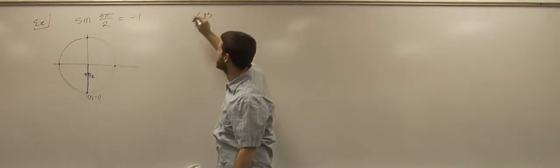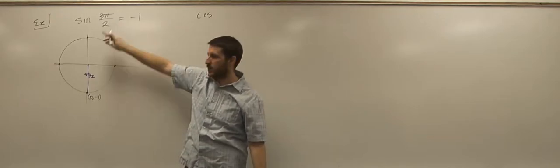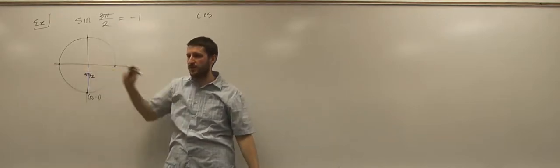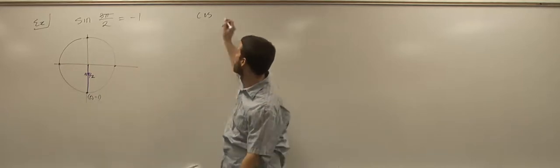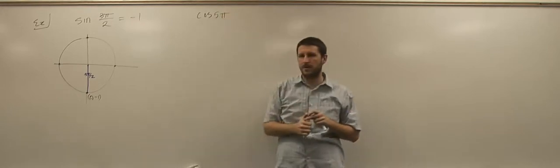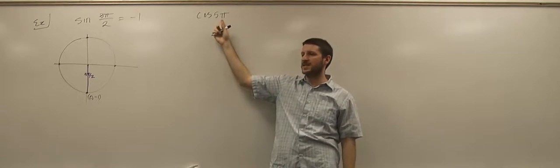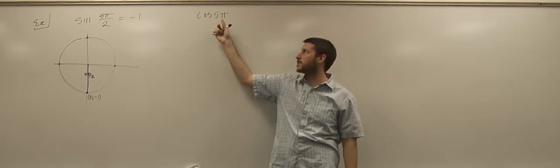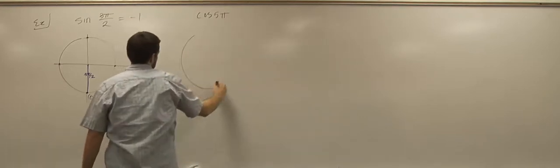When I give you an angle that either has a 2 in the denominator or has no denominator, it's going to land on one of these axes, and you can evaluate it really quickly just by figuring out which axis it is. So if I give you cosine of 5 pi, this doesn't have a 2 in the denominator, but it still lands on an axis. This is like 10 pi over 2. Where does this land, actually?